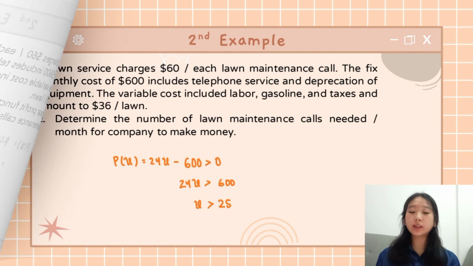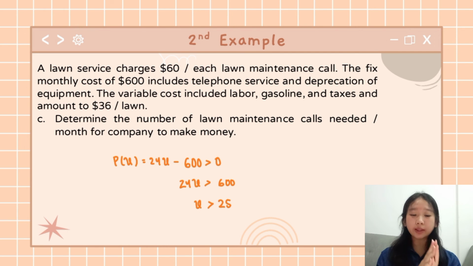The next question is to determine the number of lawn maintenance calls needed per month for the company to make money, or make a profit. For the solution of the third one, the words to make money mean the result of P of X has to be more than 0.